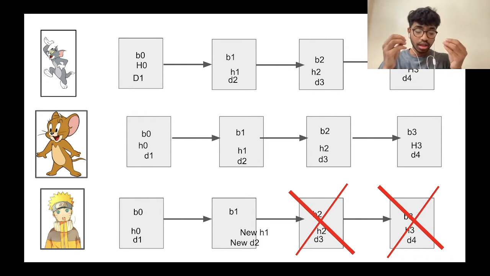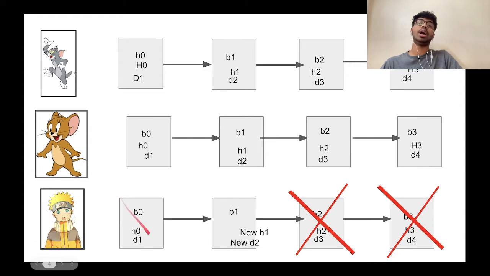Because of this very reason, it is said that blockchains can't be hacked, because for a hacker to make a modification, he or she has to modify at least 51% of the blockchains available. So over here, if Naruto has to make this blockchain valid, he also has to modify either Jerry's or Tom's blockchain, which is very difficult.